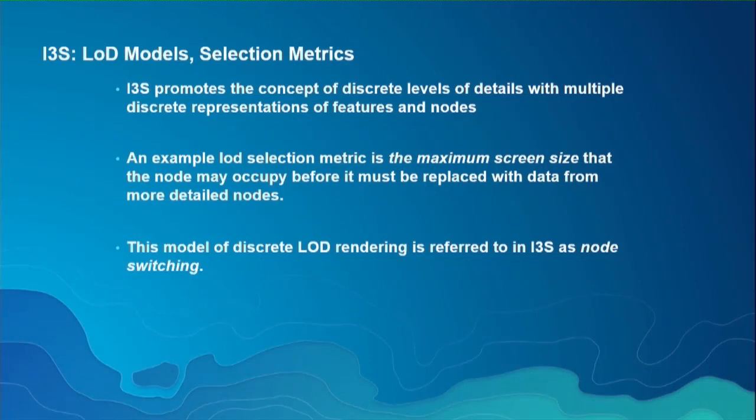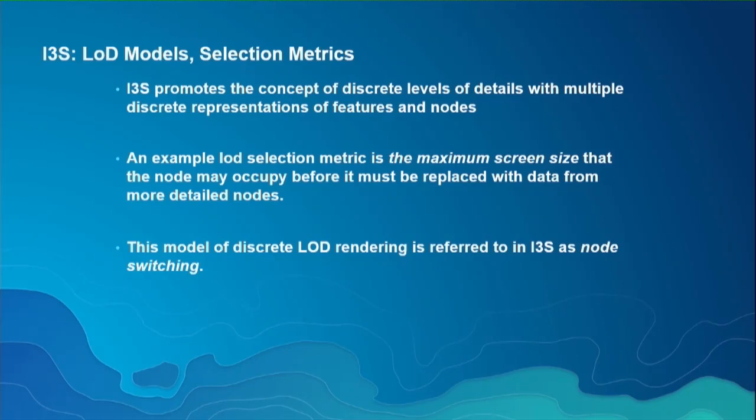Another topic in I3S is the LOD selection or selection metrics concept. I3S promotes this concept of discrete levels of detail, where multiple levels of representation reside in the hierarchical tree. One example of this selection criteria is the maximum screen size.